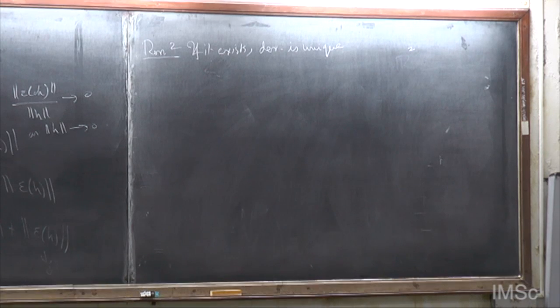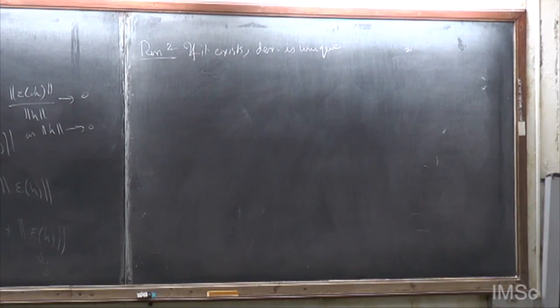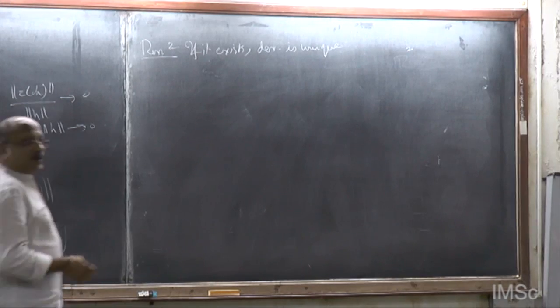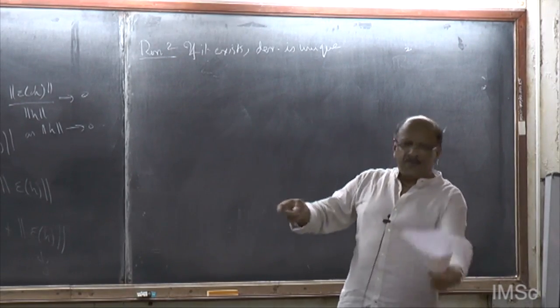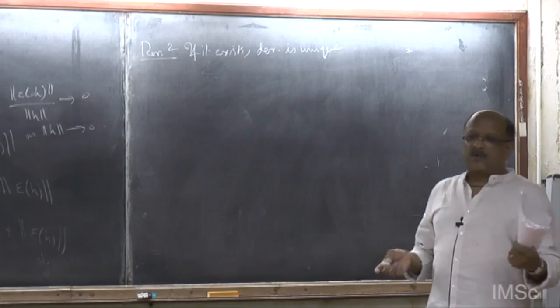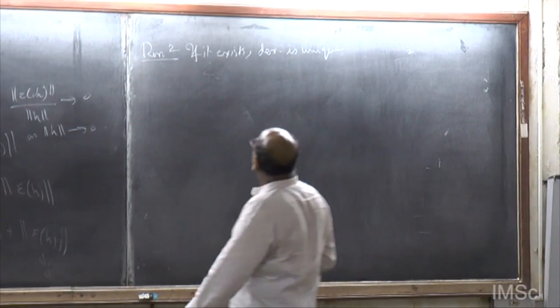And that is where the open set comes into play. That is why I work with open sets. I can of course work with the whole space, but it is enough if I work with open sets. Why?